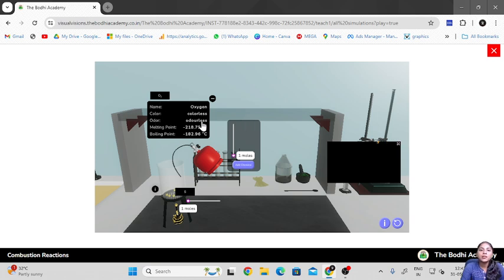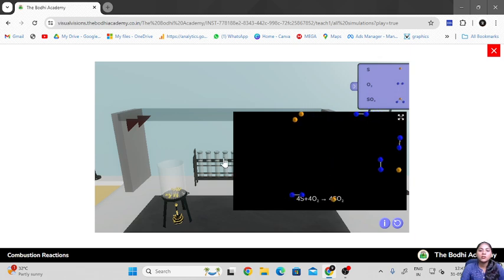It is colorless, odorless. Its melting point is minus 218.79 degrees Celsius, and boiling point is minus 182.96 degrees Celsius. So here we will add 4 moles of sulfur and 4 moles of oxygen.